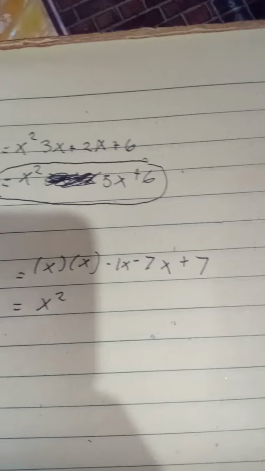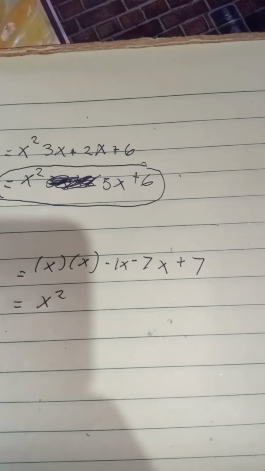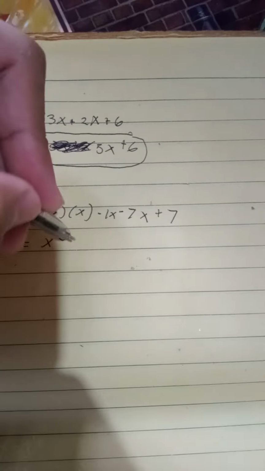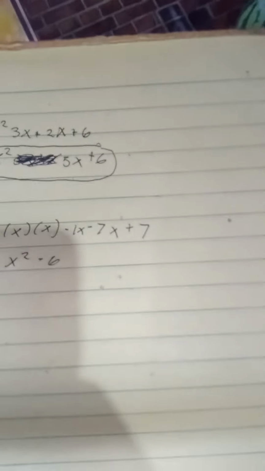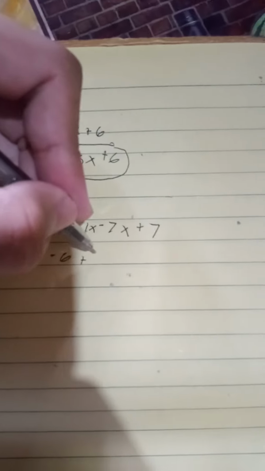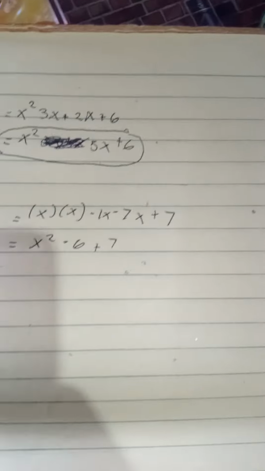The sign is still negative, so the answer is negative 6x. And the last is just bring down negative 7. So that's the answer of number 2.